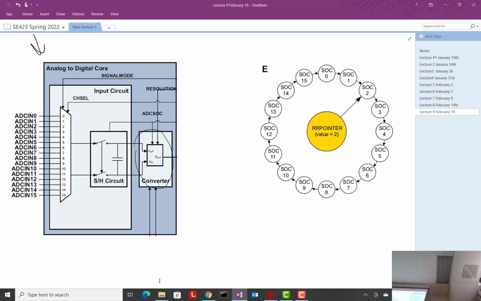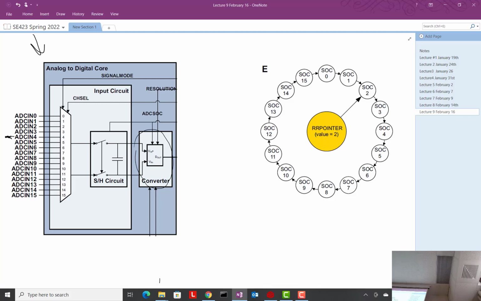For example, for homework 2, the signals that I chose to wire: the photoresistor comes into ADC in A4. So, in other words, this signal right here, the 4th one, is what the photoresistor is coming into. That's what we wired.